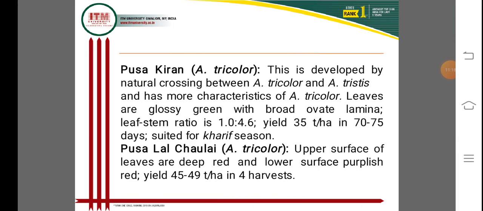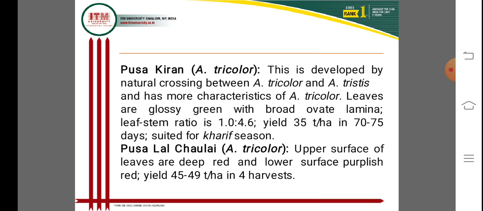Next is Pusa Kiran, which is also a tricolor Amaranthus. It was developed by natural crossing between Amaranthus tricolor and Amaranthus tristis, and has more characteristics of tricolor. The leaves are glossy, green, and broad ovate, with a leaf to stem ratio of 1.0 to 4.6.